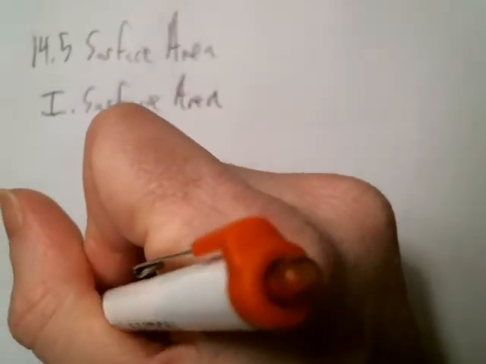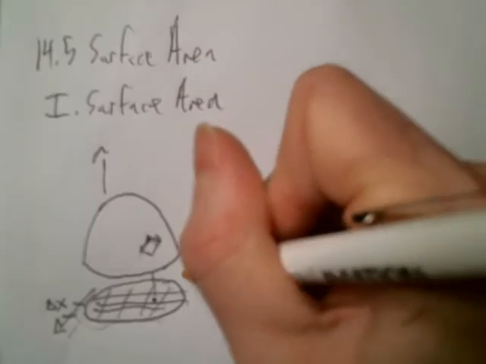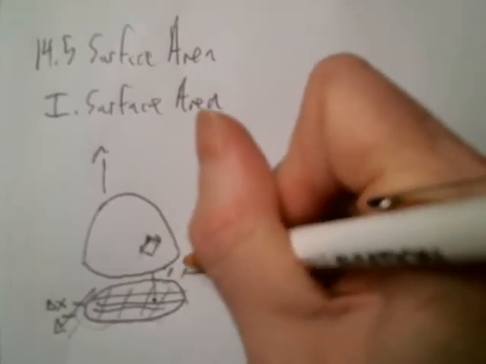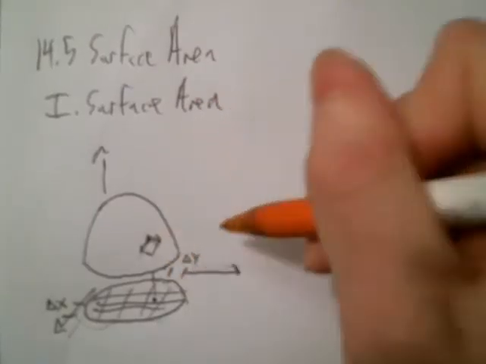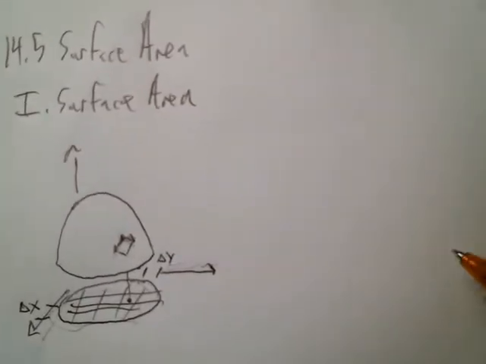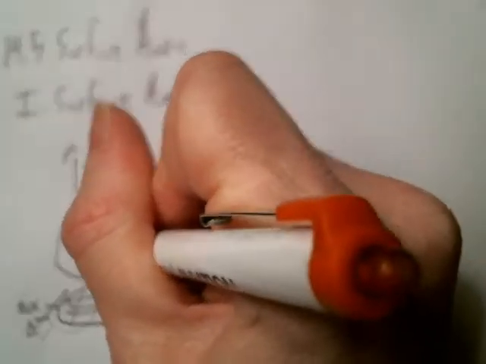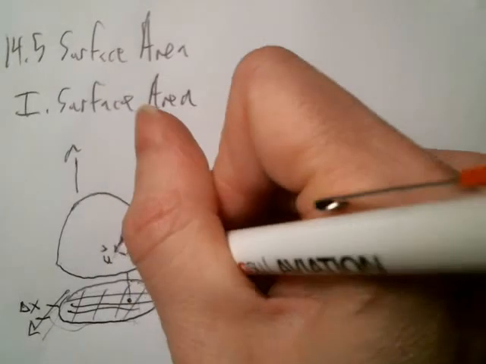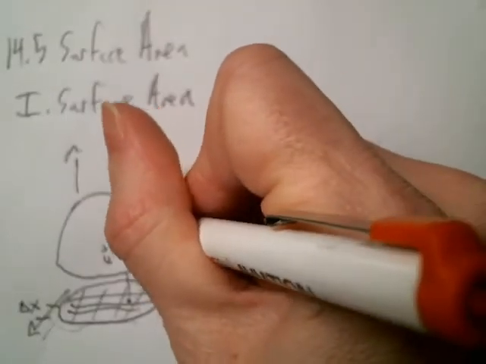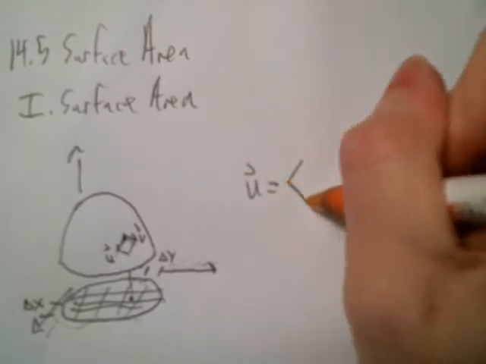In this direction you'll have some change in x, and in the other direction you have some change in y. Those two distances we'll use to describe the vectors as well. Let's call the vector in the direction of the x-axis u, and the vector in the direction of the y-axis v.